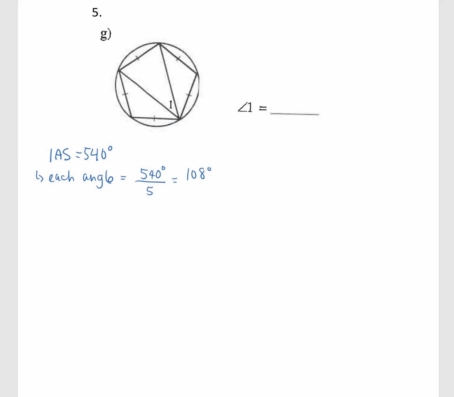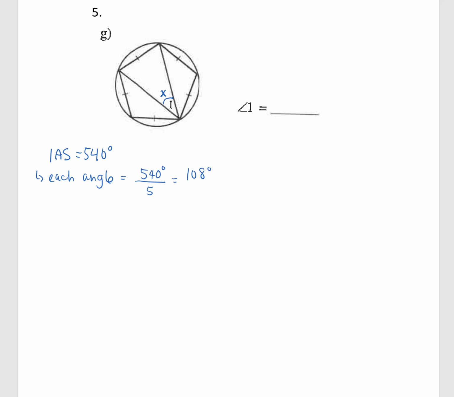I'm just going to assign some variables here. I'm going to relabel angle 1 as x, because it's easier for me to think of this as a variable and not a number. Maybe that's the case for you too, because I get confused if that means 1 degree or a variable.